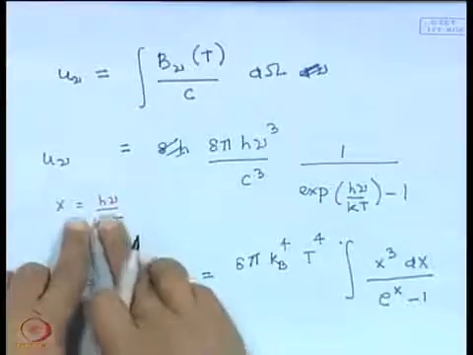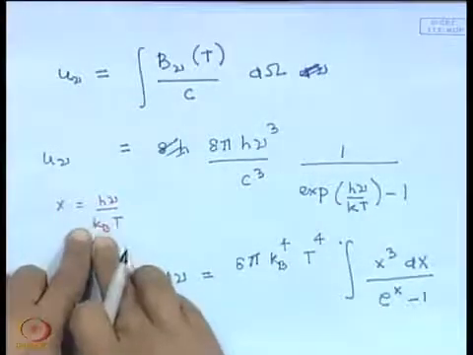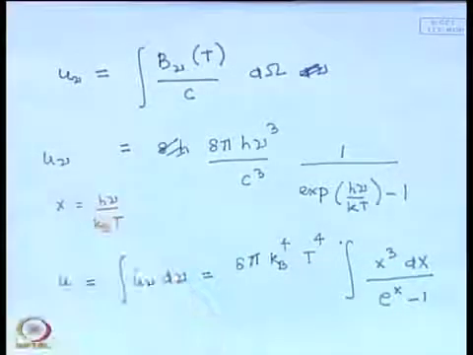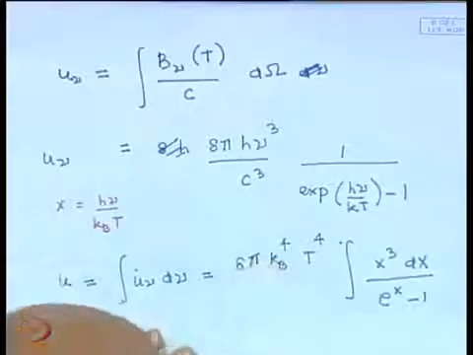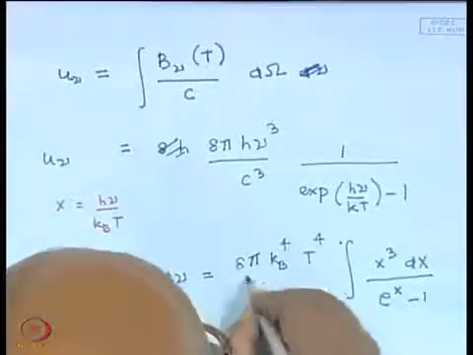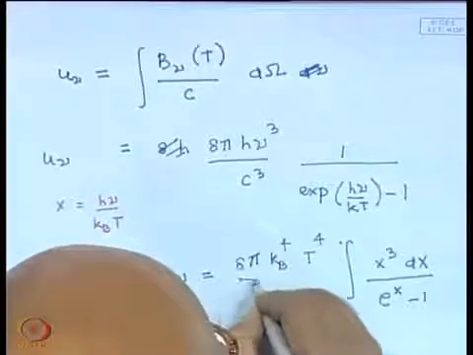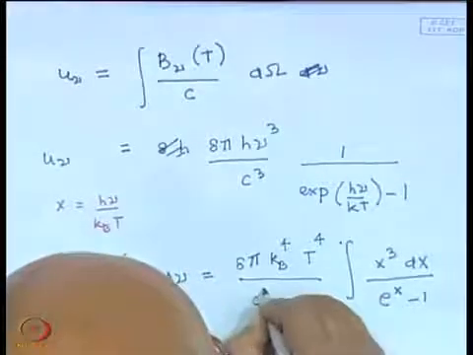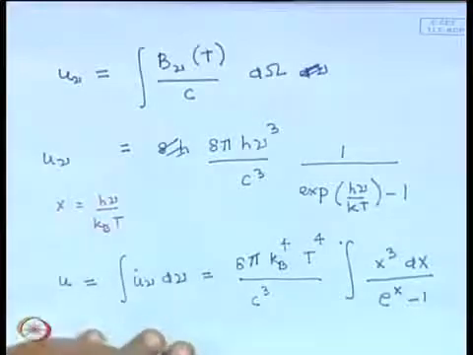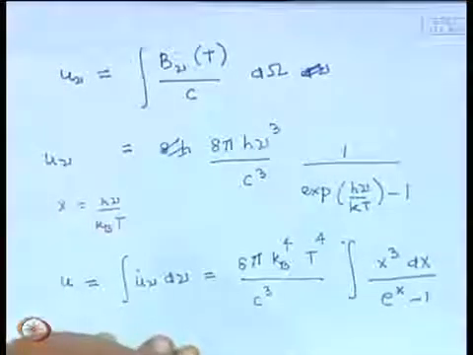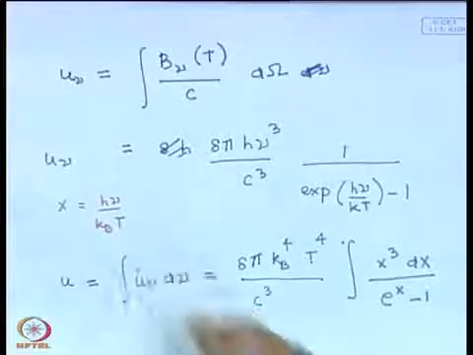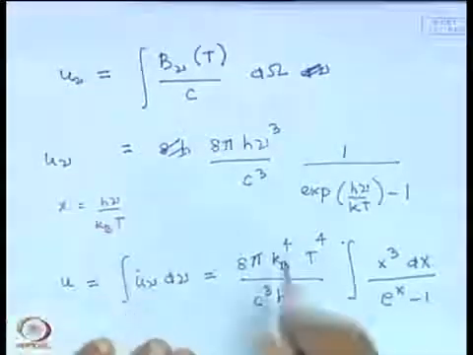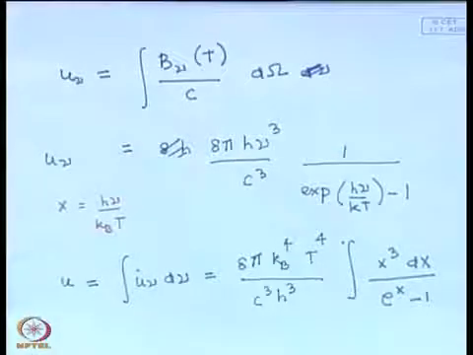So, I have k_B T by h to the power 4, and in the denominator I will have c cube and h to the power of 3. One power of h is cancelled out with this.